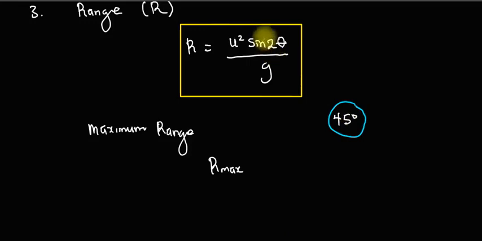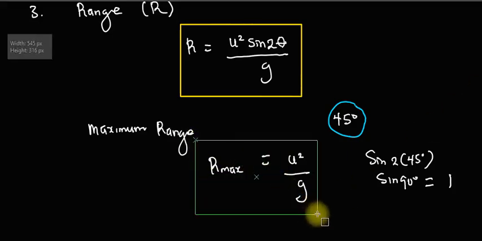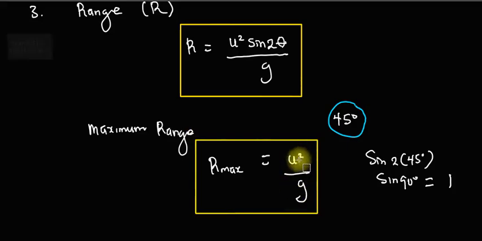If you launch an object at an angle of 45 degrees, then we substitute into the formula, you arrive at something like this: sine 2 times 45 degrees. This is equivalent to sine 90 degrees, which is equal to 1. So 1 times u squared over g will actually be the maximum possible range you can attain. And why is this? Every other value of sine theta is less than 1, and we always decrease the value of u squared over g. So this is the formula for maximum range.